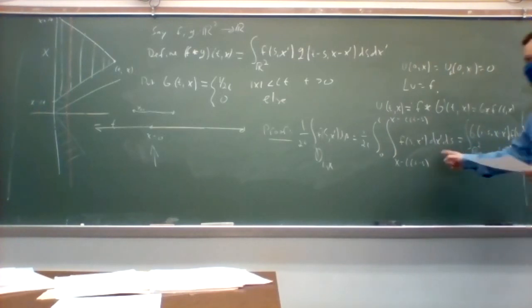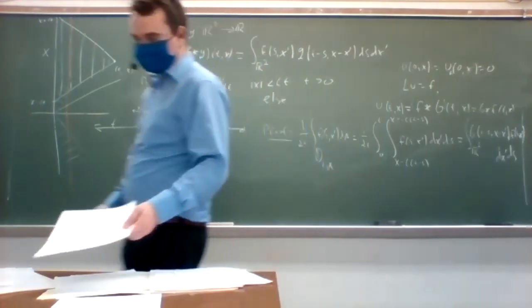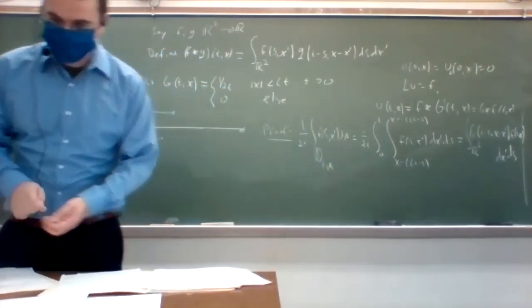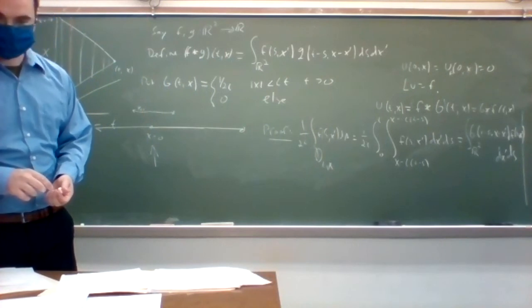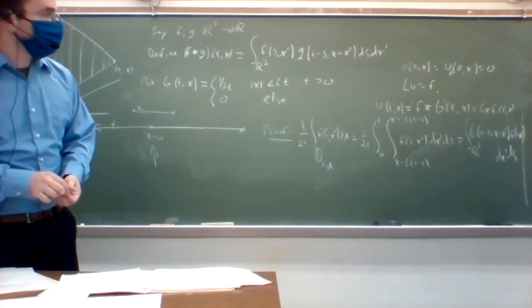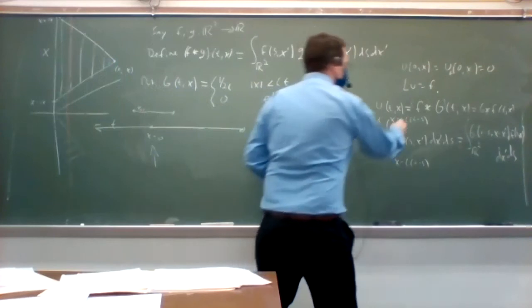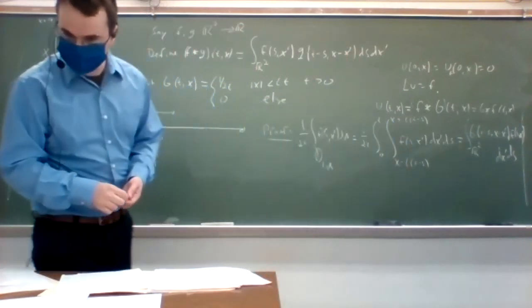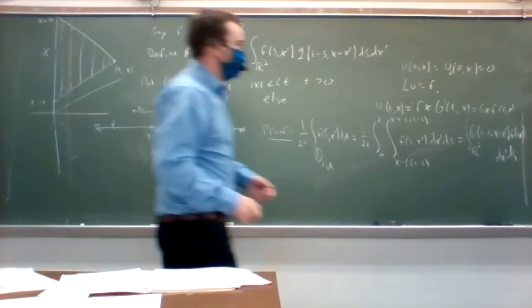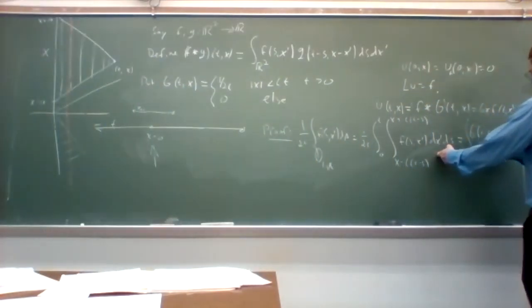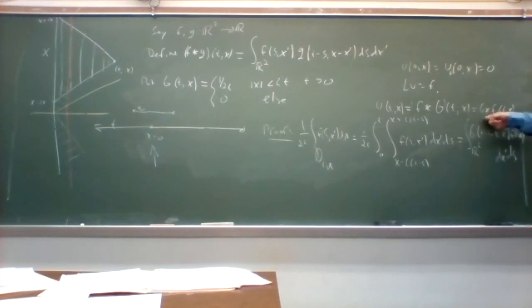And so the claim is that these two things are equal. Plus, yeah, thank you. And so what I need to do is to show you that these two things are equal, because that's certainly the convolution G star F.